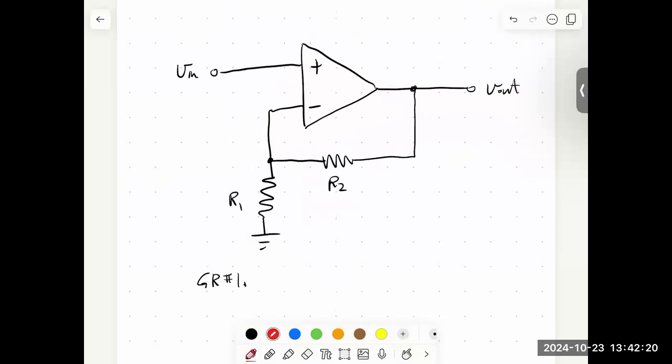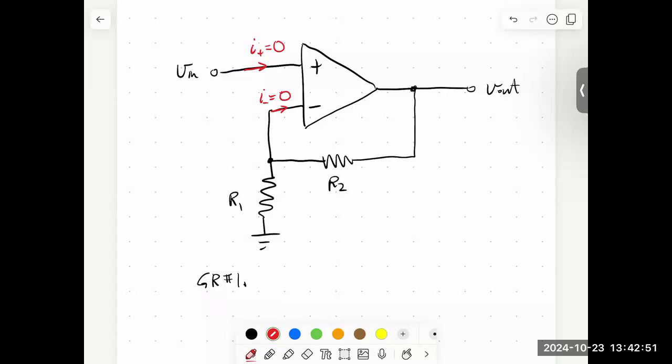Well, let's see. Let's draw some currents here. I would have an I plus, but I know that's going to be 0. I would have potentially an I minus, but I know that's going to be 0 by the golden rule. So I could draw a current I1 in R1 and I2 in R2, but I know that if I apply the junction rule here, because I minus is 0, these currents are going to be the same.